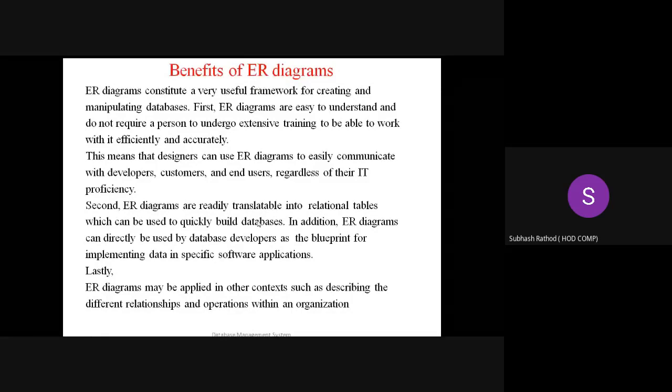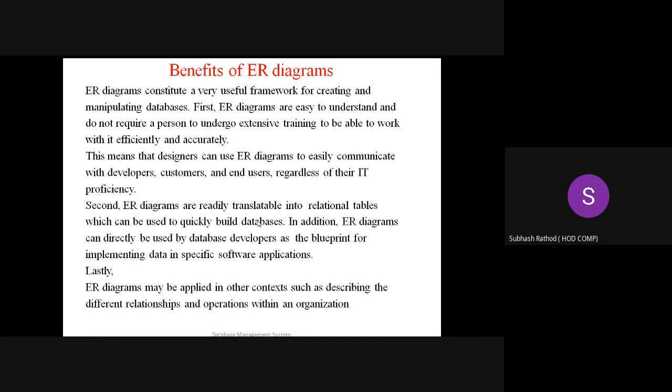Remember, second, ER diagrams are really transferable into relational tables. As we have seen in the last lecture, an ER diagram can be mapped easily to a table, and a table is nothing but a relation, and in an Oracle database all the data is stored in terms of tables. If you draw the ER diagram of a particular database correctly, then you can easily create the tables in the database tool.